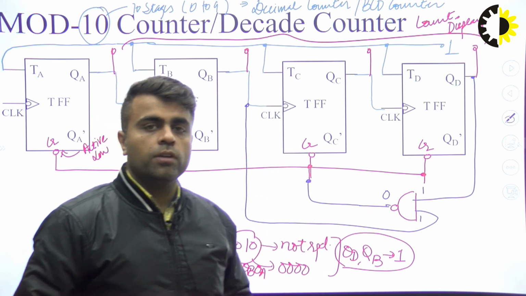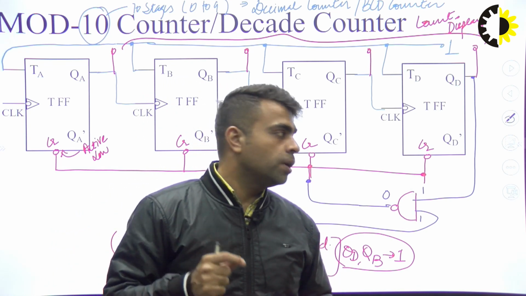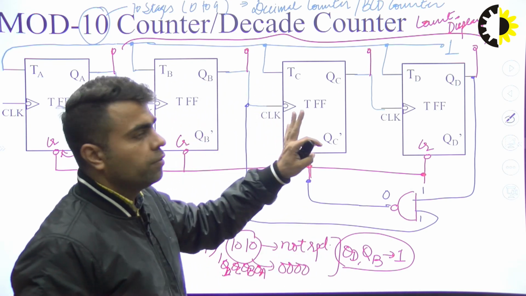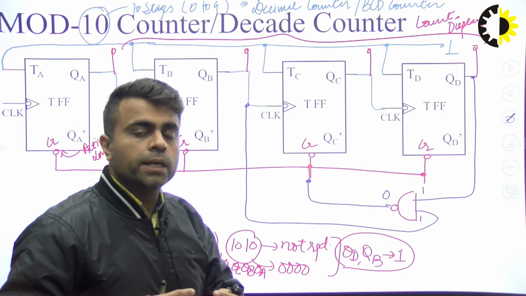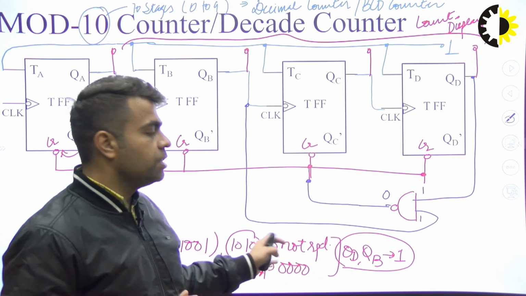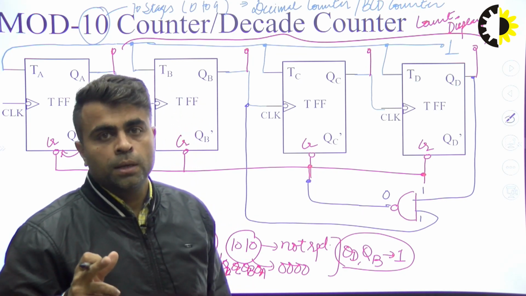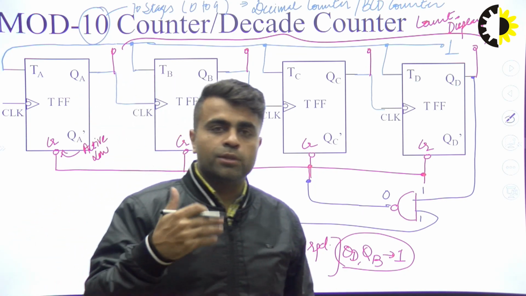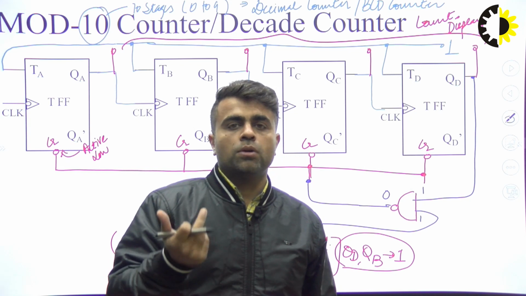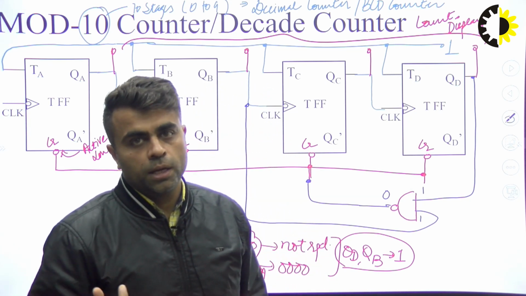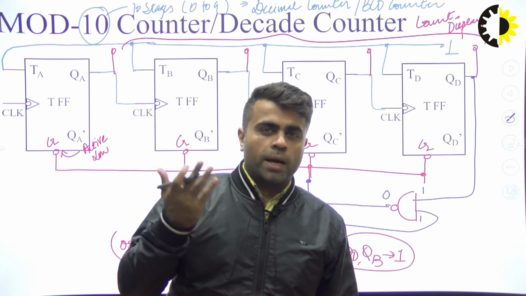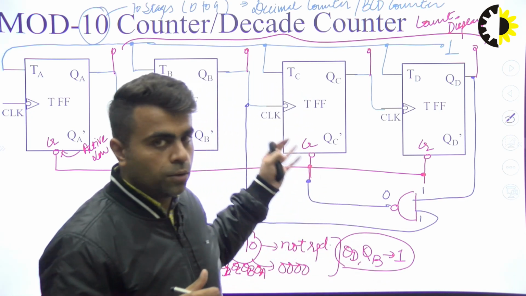That means all flip-flops will abruptly give a 0 output. That means 10 will change into 0, so the counter cannot go beyond 9. And this 10 to 0 transition will be so fast that it cannot be recognized by the human eye. It will take some microseconds, depending on the clock speed.